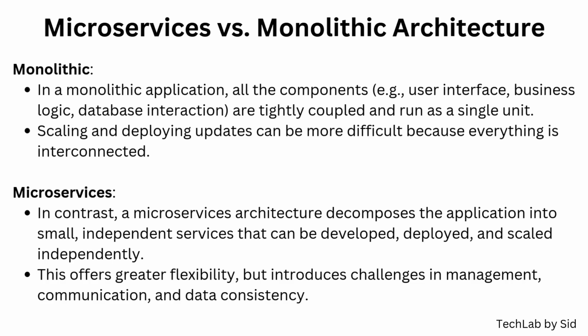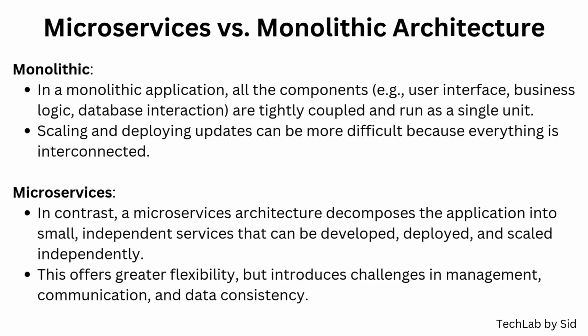Microservices versus monolithic architecture. Monolithic. In a monolithic application, all the components, for example, user interface, business logic, database interaction, are tightly coupled and run as a single unit. Scaling and deploying updates can be more difficult because everything is interconnected.